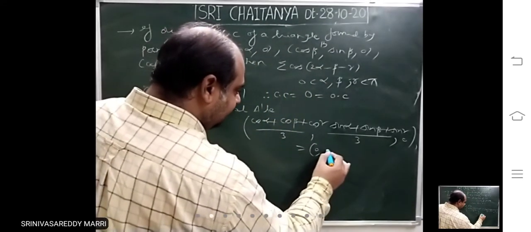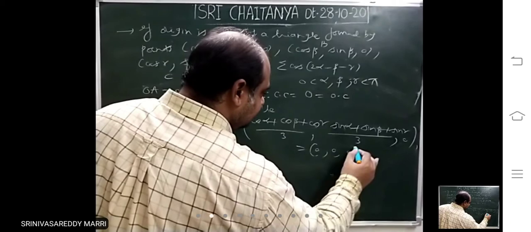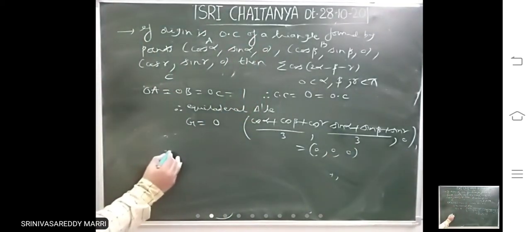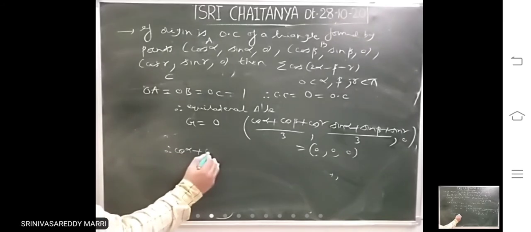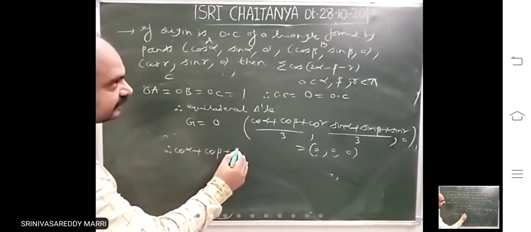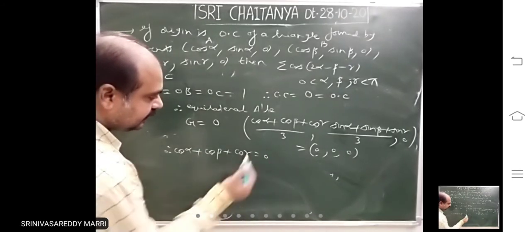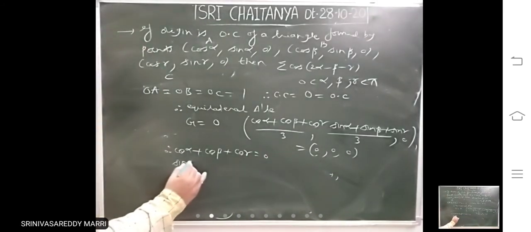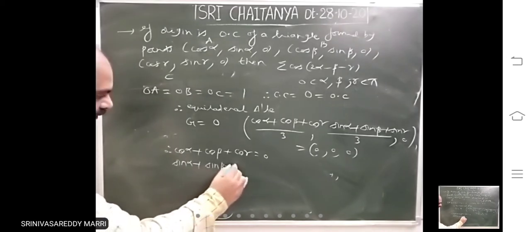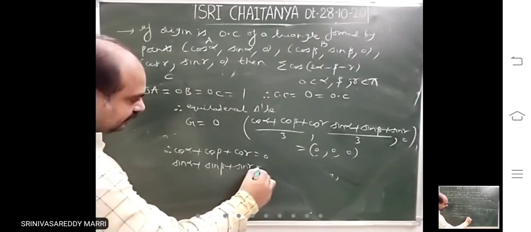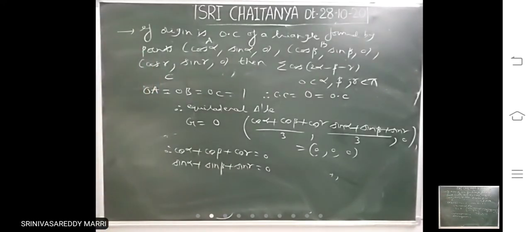This is centroid, and it is the origin. Therefore you will get the relations: cos alpha plus cos beta plus cos gamma equal to 0, and sin alpha plus sin beta plus sin gamma equal to 0. These are the two relations you got.